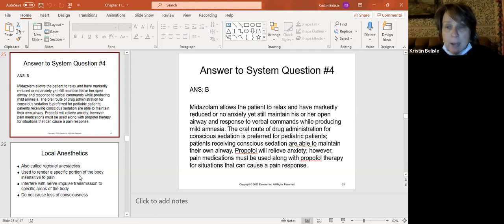So propofol, just FYI, is going to make them go to sleep. It can put them down for ventilation, but there's no pain relief with propofol. By just putting them down in a sedated state, you are not relieving their pain. I'm going to say it one more time. If I'm giving Diprivan or propofol, I can make them get very drowsy, go to sleep.